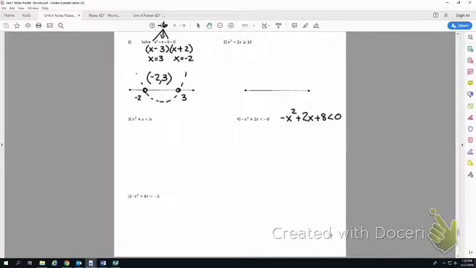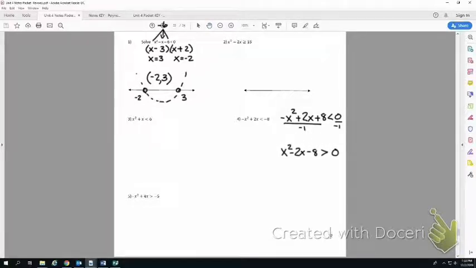Whenever I divide both sides by -1, what is that going to do to all of this? It's going to change all the signs. So I'll have x squared minus 2x minus 8. 0 divided by -1 is 0. What does that do to that sign? It flips it. Remember, multiplying or dividing by a negative is going to flip that.